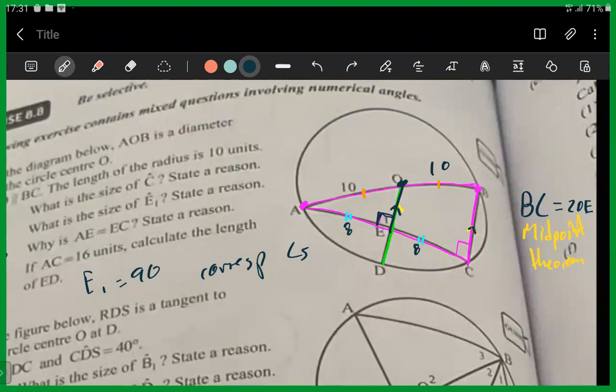I don't know, but if those lines are bisecting and OD is also 10, wouldn't that mean that ED would be 5?